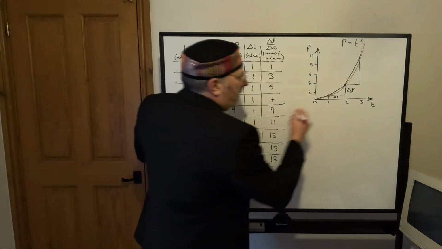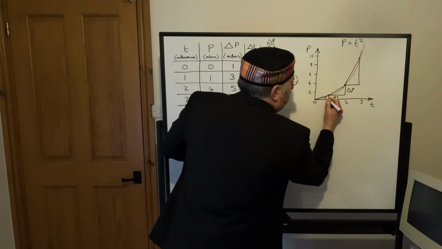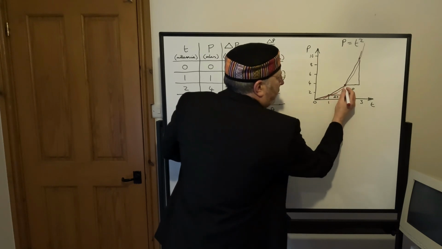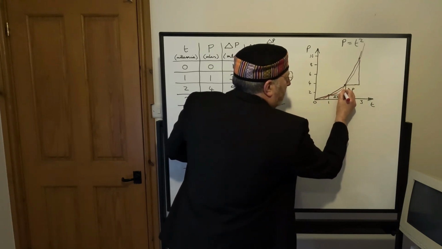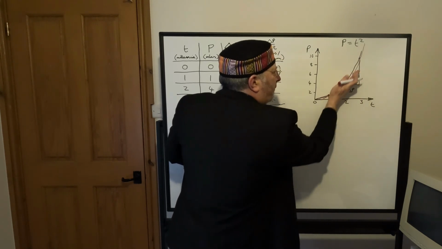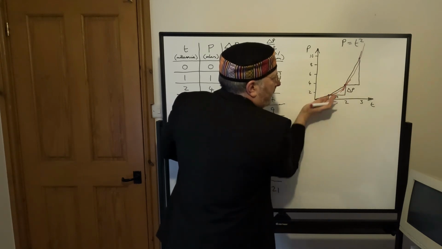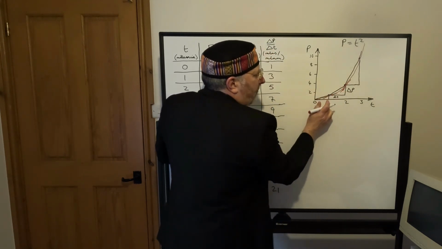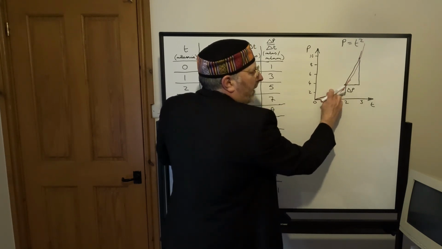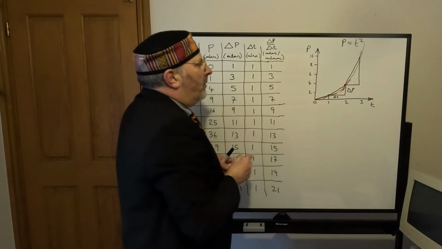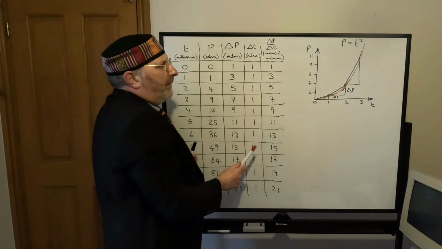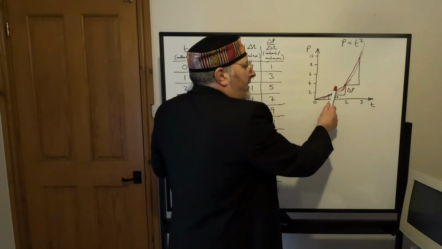Because if we look here, I haven't drawn it very well I'm afraid, but the slope there is a bit shallower than that slope, whereas here it's a bit steeper. It's increasing faster than that average slope here, whereas there it's increasing more slowly than that average slope. And then the average over that whole time step comes out to that. So our calculation of the rate of change of population at each time step is only a rough estimate.